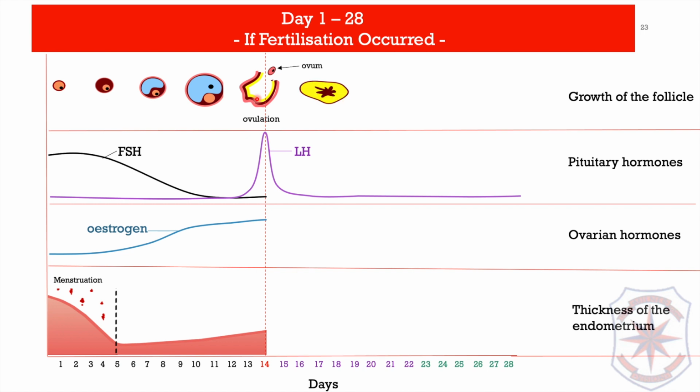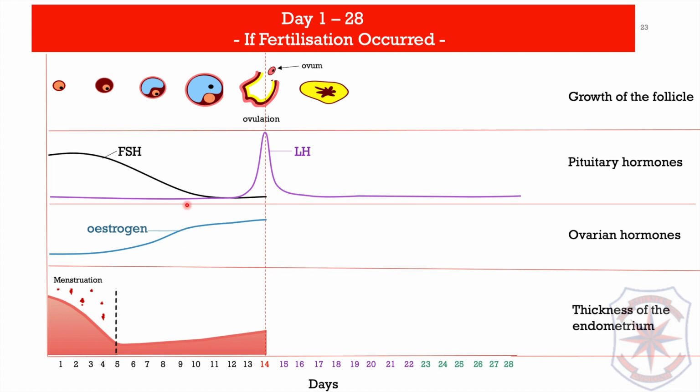Now, the second function of LH is to take this ruptured follicle and convert it into a corpus luteum. Right? Okay. Now, we no longer have a follicle. What do we expect the levels of estrogen to do?